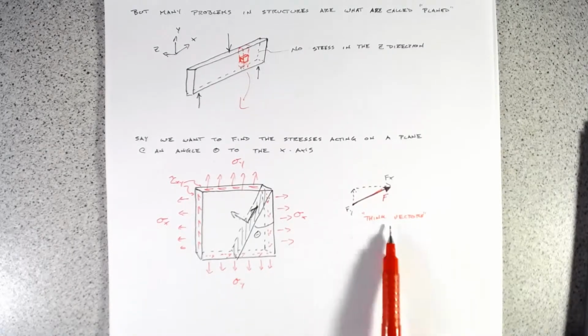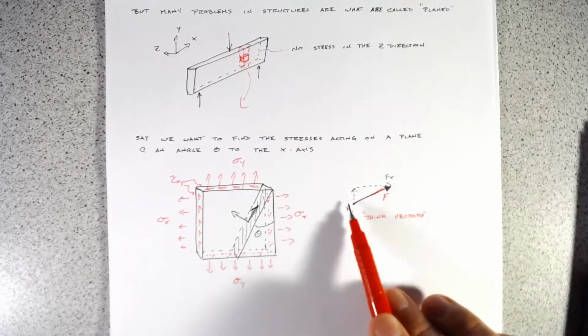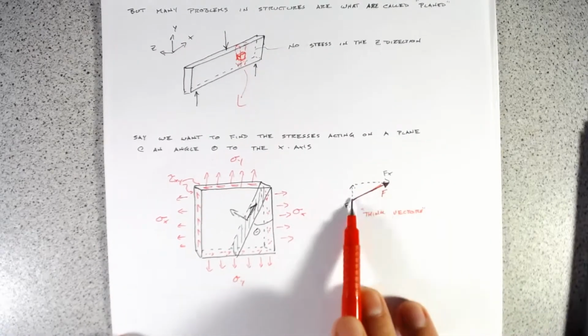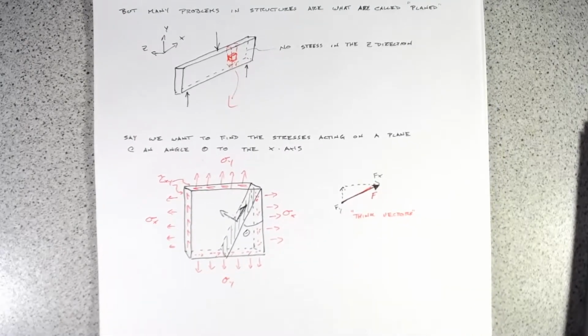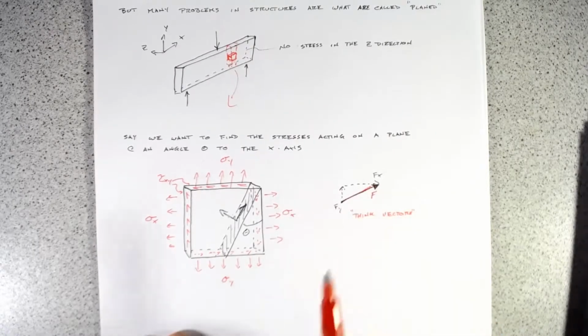What I mean by think vectors is that if you've ever worked with vector addition, you know that a given force vector at some angle has some component in the y direction and some component in the x direction. For most of our engineering applications, it's very convenient to break these vectors down into y components and x components.